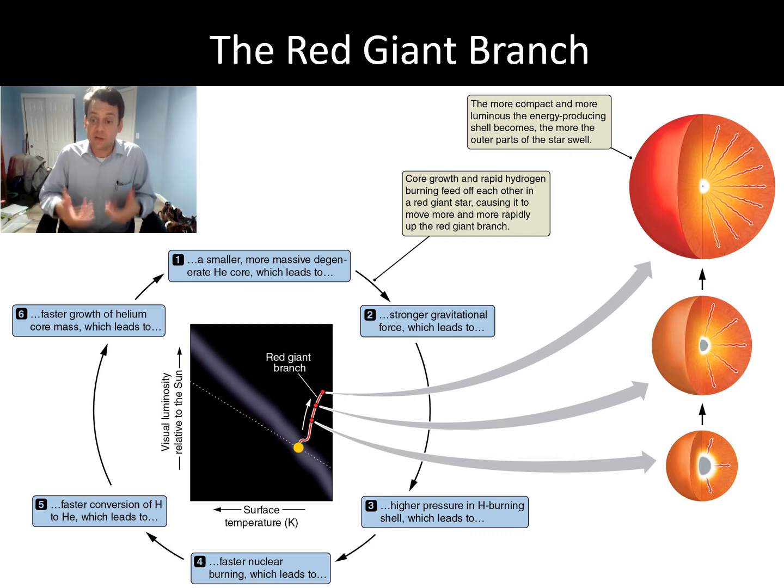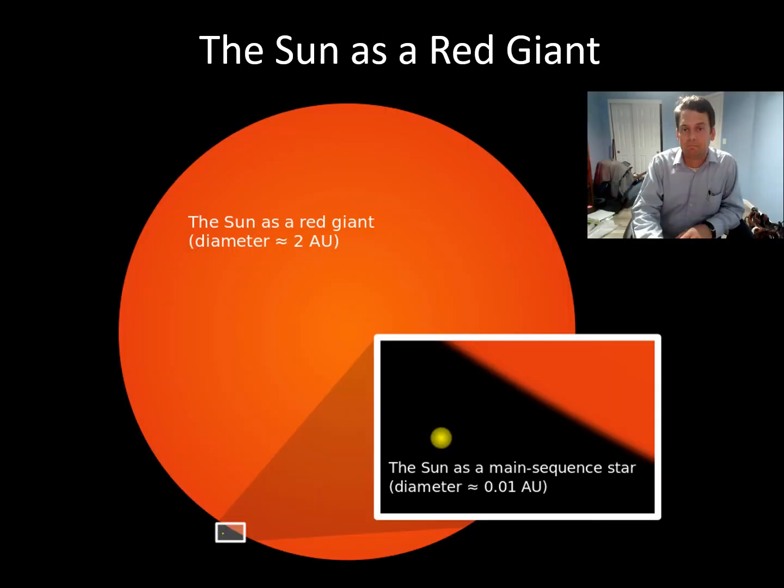So it's a self-sustaining set of processes, and as it progresses, it speeds up. It begins as soon as you leave the main sequence, but then you go faster and faster along the red giant branch, and the star swells and becomes a red giant more quickly.